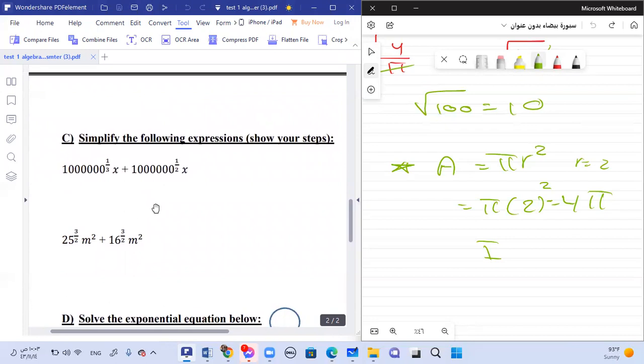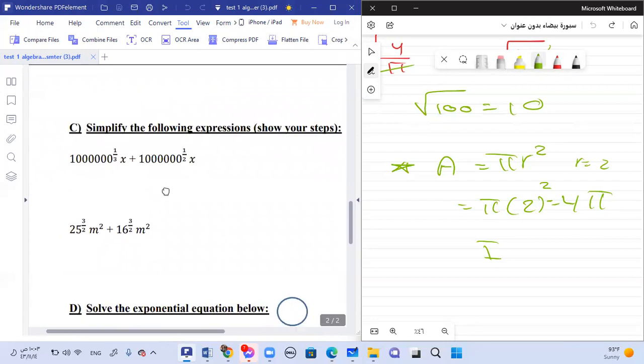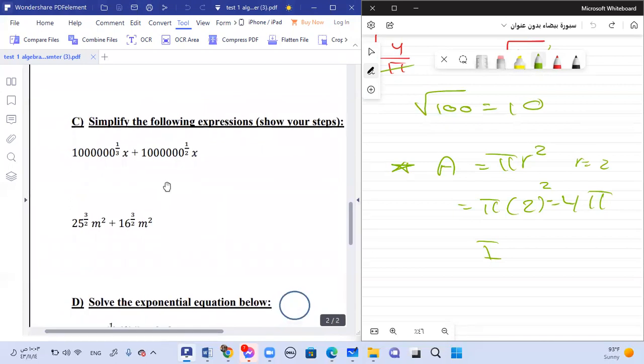Maybe I will write this part as complete the exercise, or maybe true or false. So we should solve first and check your answer.